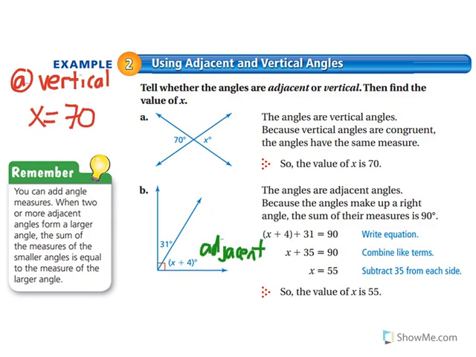And we know this bigger angle has a red box here. Therefore, it is a right angle. So combined, they equal 90. So I have 31 plus x plus 4 equals 90. Therefore, I have 35 plus x equals 90. Therefore, I can subtract 35 from both sides.